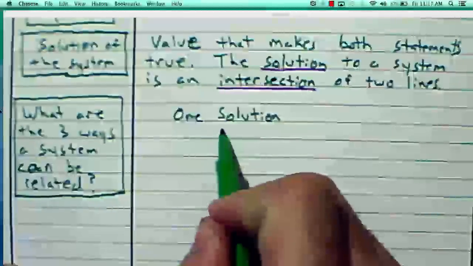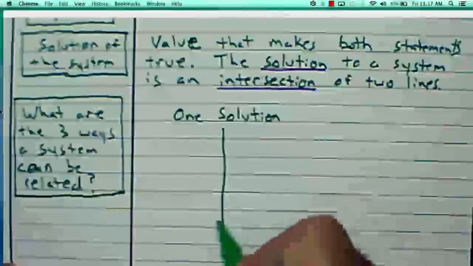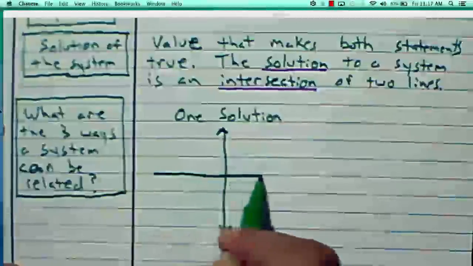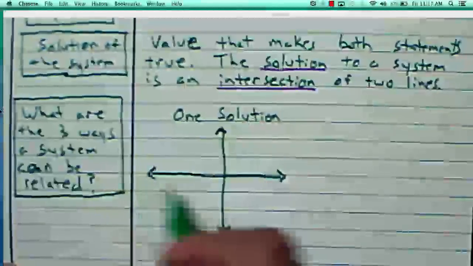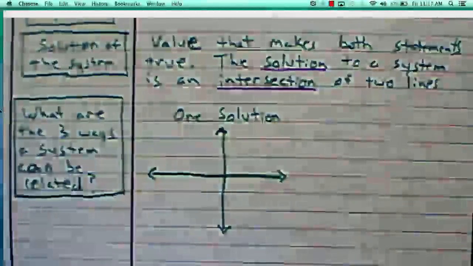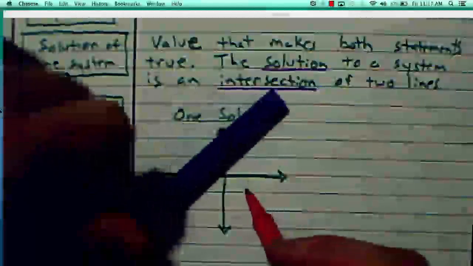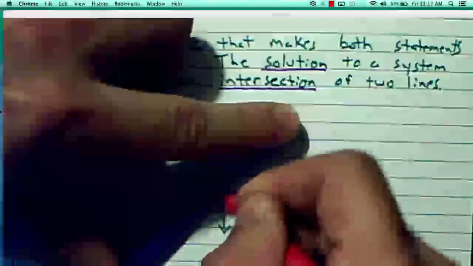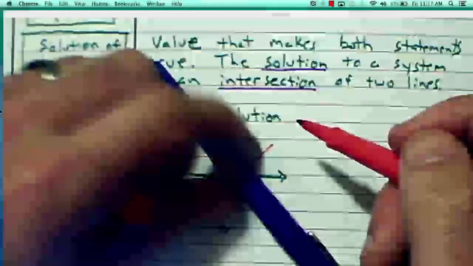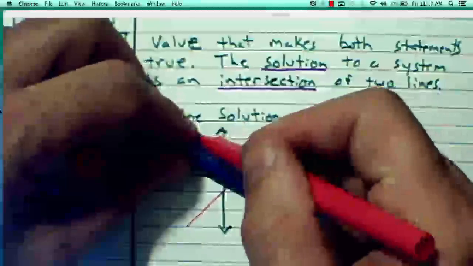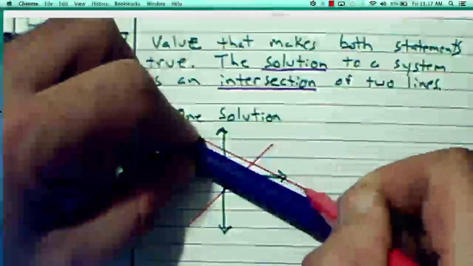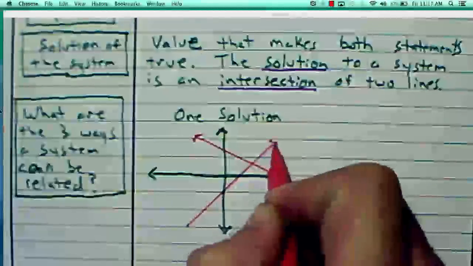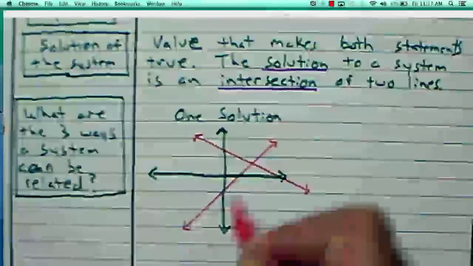So, drawing an x and y axis, we can have two lines. And as long as these two lines do not have equal slopes, then they're going to intersect each other at some place.